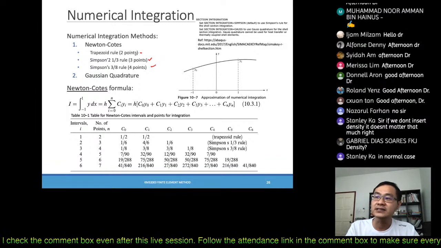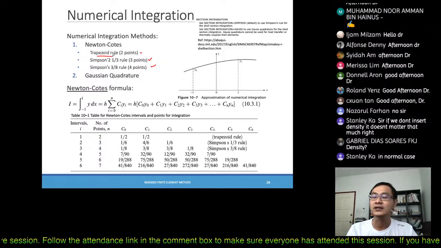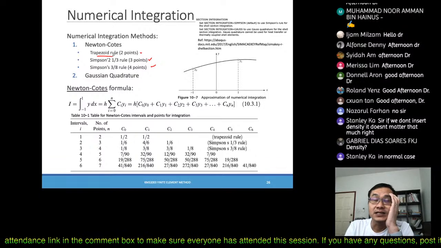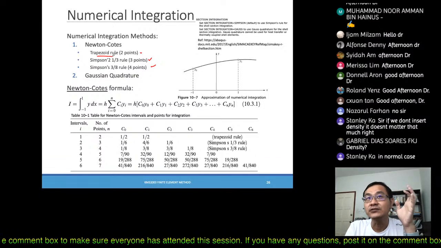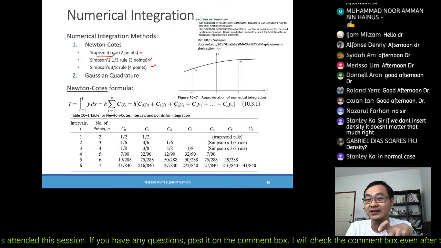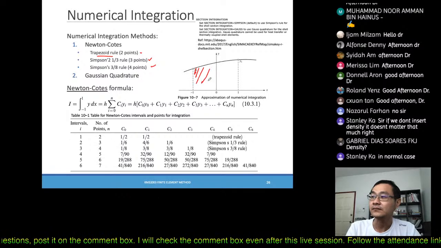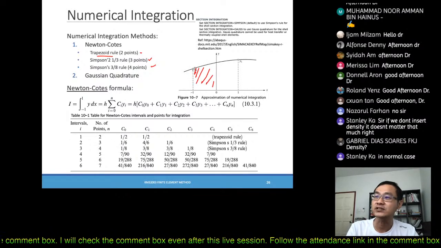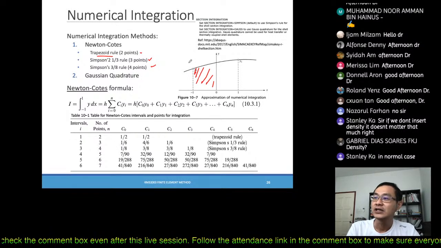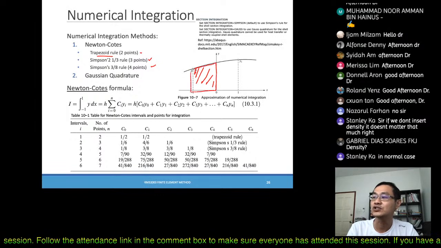When it is a 2 point, then it is just the trapezoid rule, right? So just recall, integration is about finding the total area under the curve. Therefore we can always approximate using what we call numerical integration. We approximate with a so-called trapezium, the simplest one.